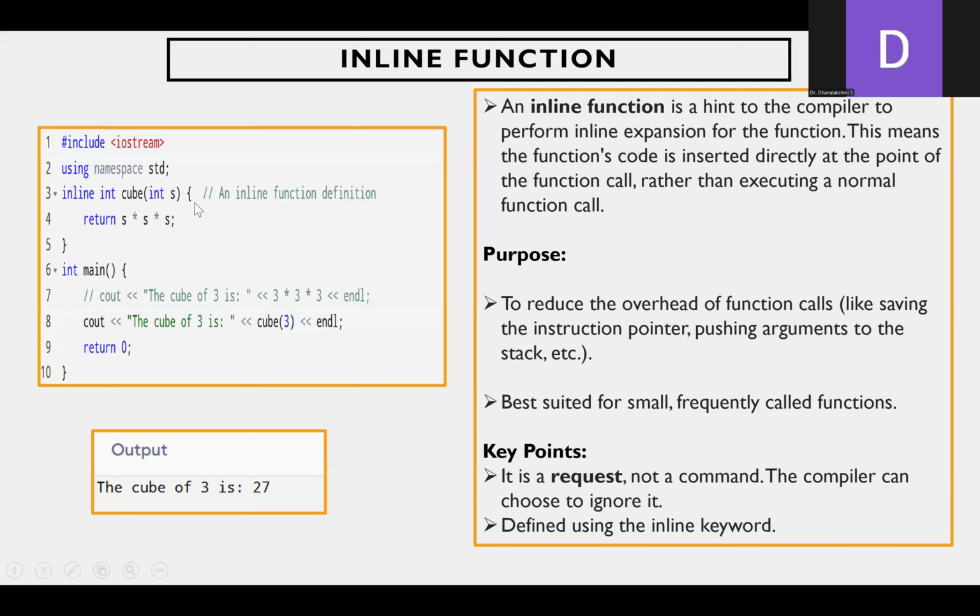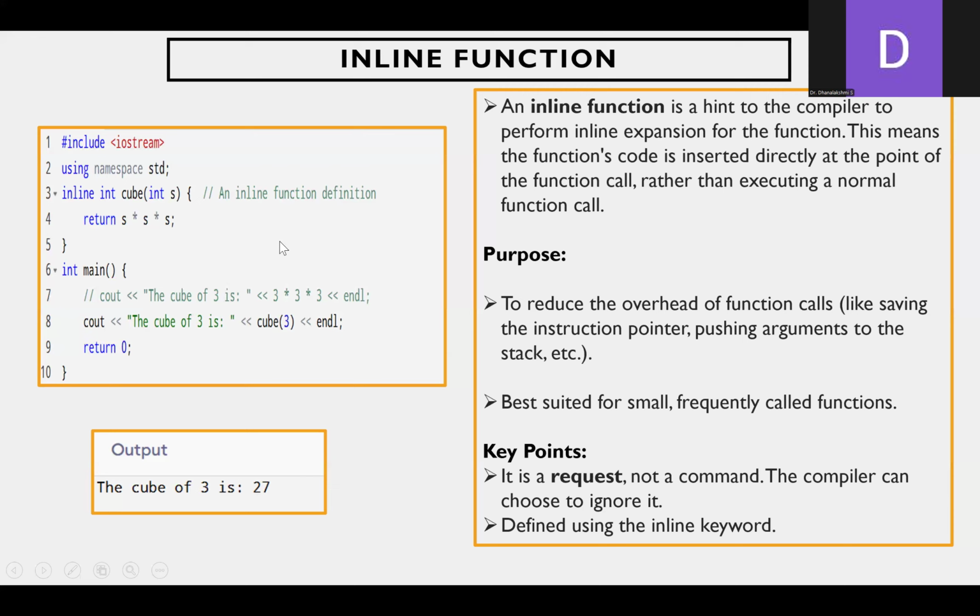This function takes one integer parameter s and returns its cube, that is s multiplied by s multiplied by s. So for example, if you pass the value 3 to cube, the output will be 3 multiplied by 3 multiplied by 3, that's 27.